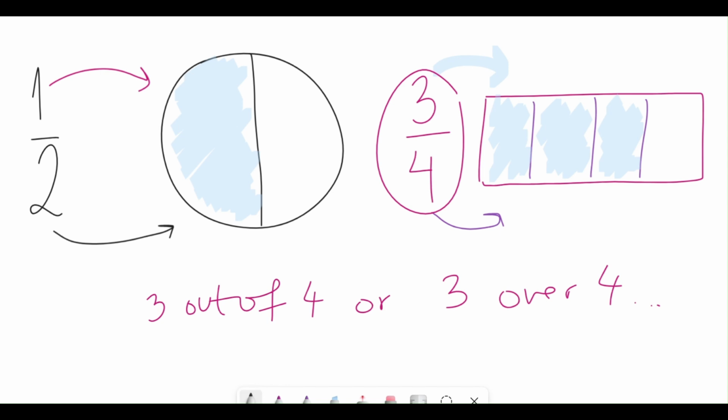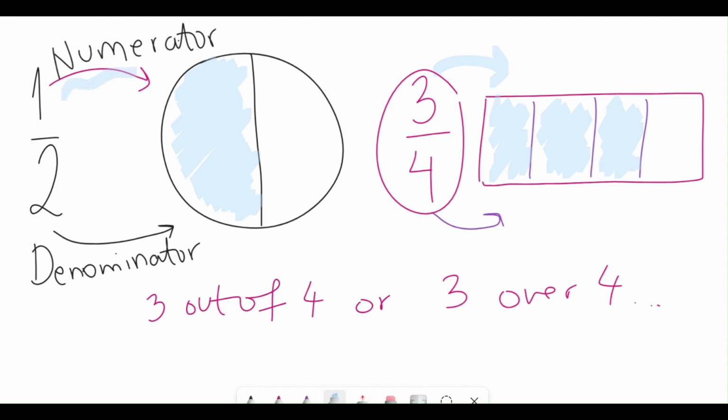What is important? The number that is on top is called the numerator, and the number that is on the bottom is called the denominator. Please make sure that you take notes and that you write the most important things down.